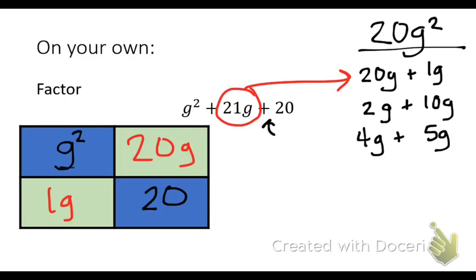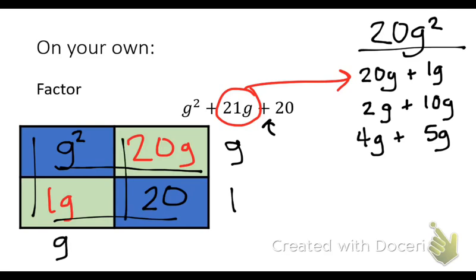So, my first row has a common factor of g. My bottom row has nothing in common except 1, and that's okay. Ones are going to show up. And so then my first column has a common factor of g, and my second column has a common factor of 20.